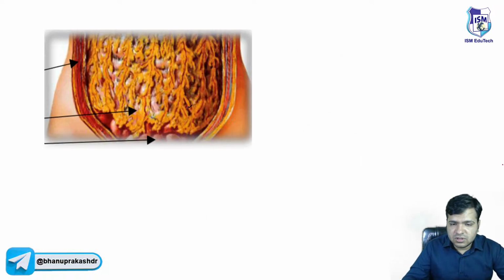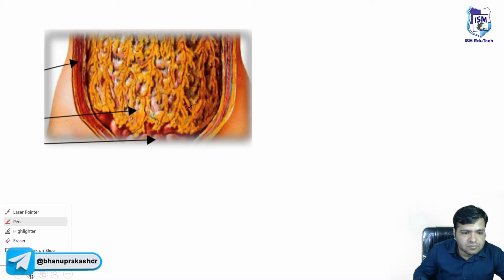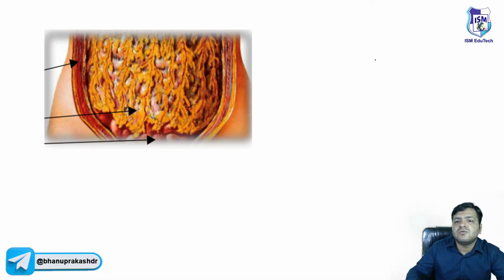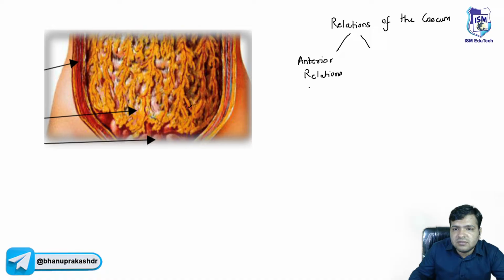Now coming on to the relations of the cecum. You are already aware that we have anterior relations and posterior relations. Anterior relations: what is present in front of the cecum, beta?